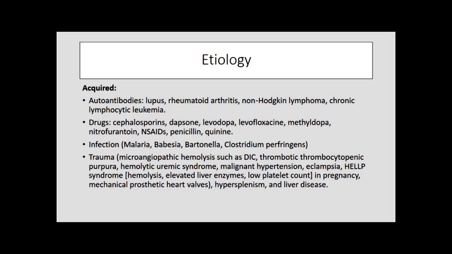For example, autoimmune conditions like lupus, rheumatoid arthritis, non-Hodgkin lymphoma, and something that we are going to study tomorrow, chronic lymphocytic leukemia. Some drugs: cephalosporins, dapsone, levodopa, levofloxacin, methyldopa, nitrofurantoin, NSAIDs, penicillin, quinine.